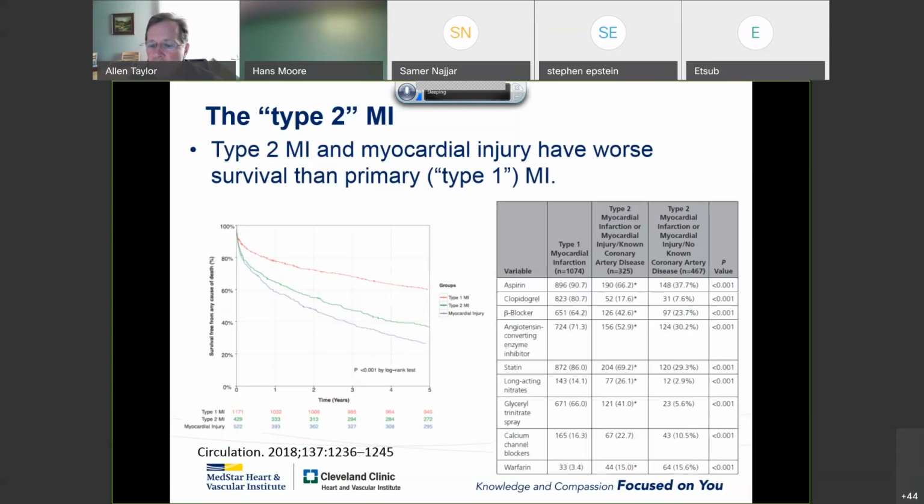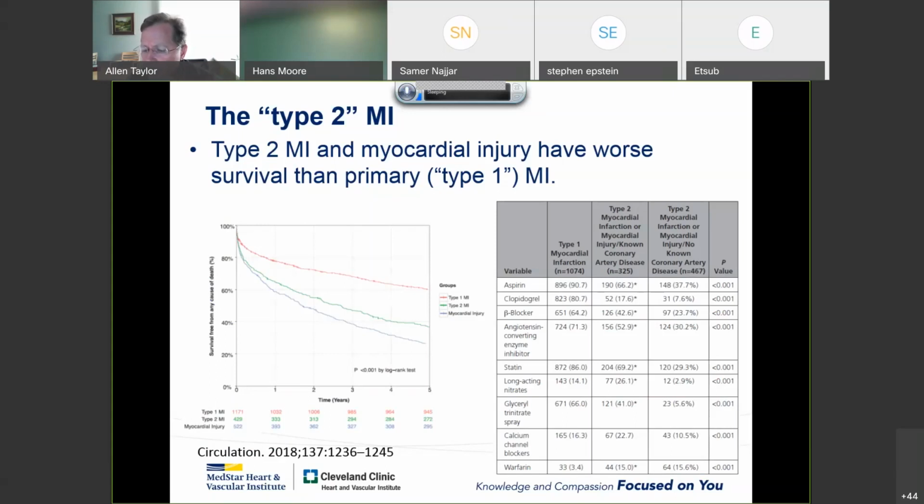And you can see here the rates of aspirin use, beta blockers, ACE inhibitors, statins, simply strikingly lower across these type 2 MIs, when in fact the outcomes would be arguing that we should be treating them much more aggressively.